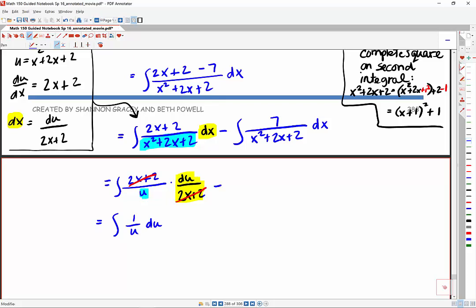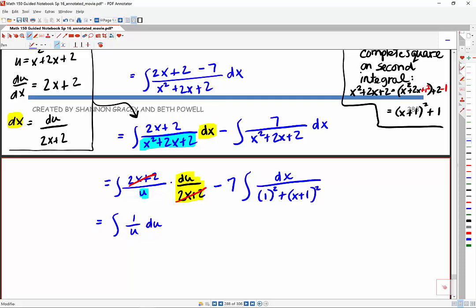So let's work on that guy, right? So we can bring the 7 out, and we'll have dx over 1 squared plus x plus 1, the quantity squared.